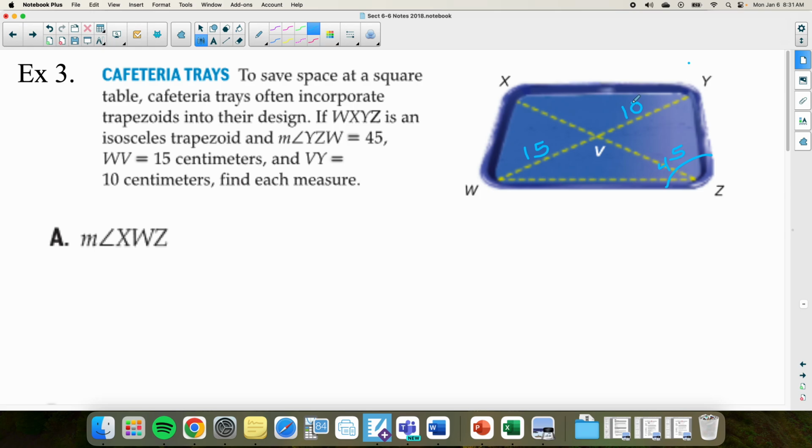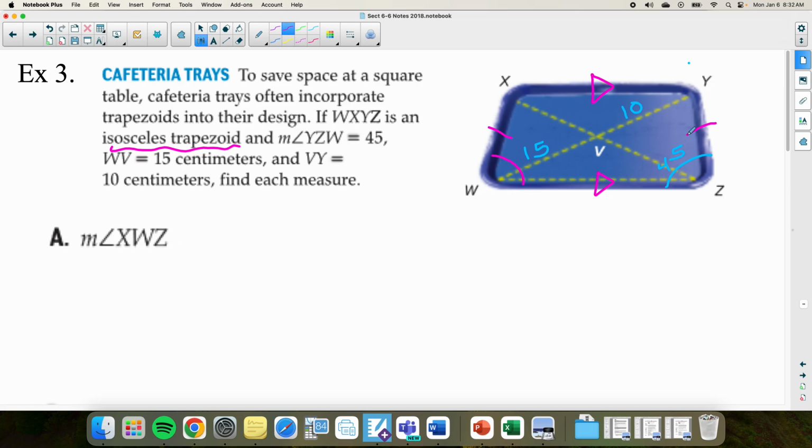So the first one is asking us for XWZ. XWZ is this angle right here. And notice this is an isosceles trapezoid. These are my parallel sides, and then these would be my congruent legs. If it's isosceles, what do we know about those two base angles?